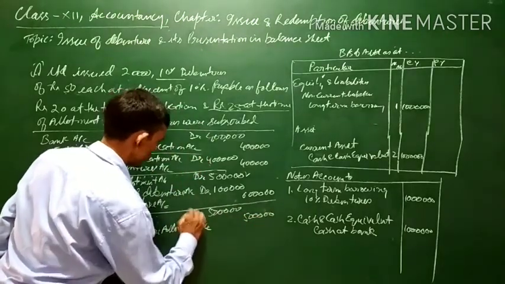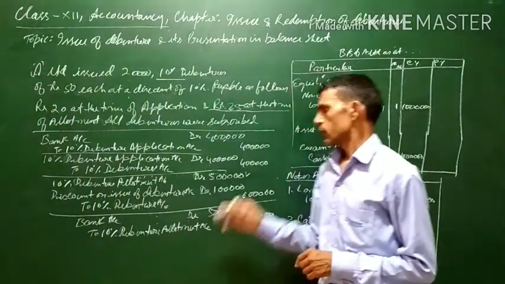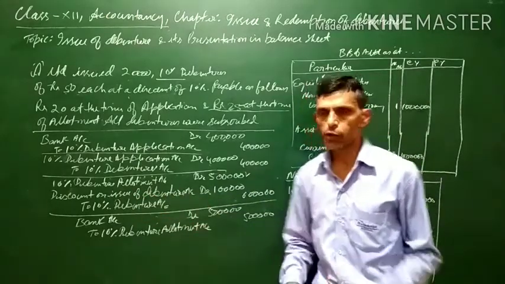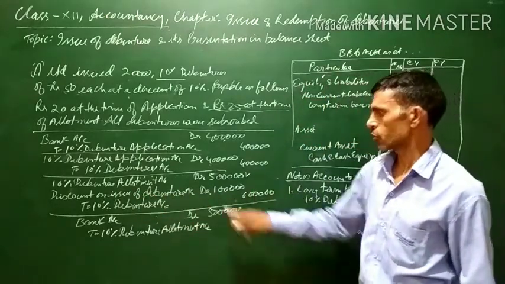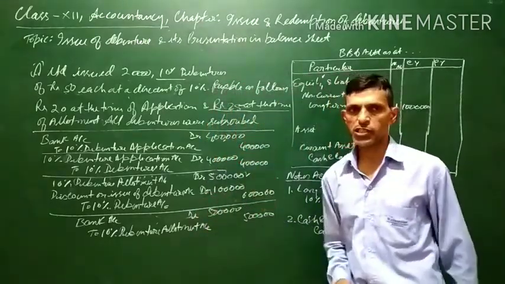This will be the general entry at the time of allotment. The only difference is that the second general entry, that is the discount on issue of debenture account, will be opened also, and it will be debited because it is a loss for the company, and for a loss the rule is debit all expenses and losses.